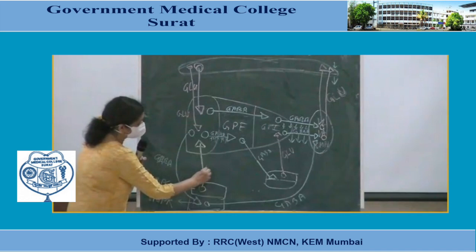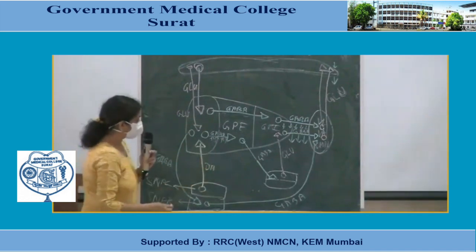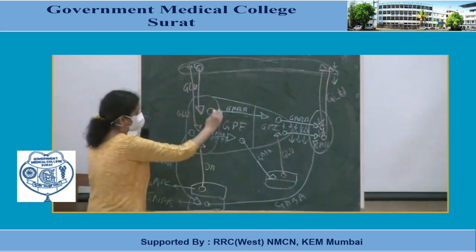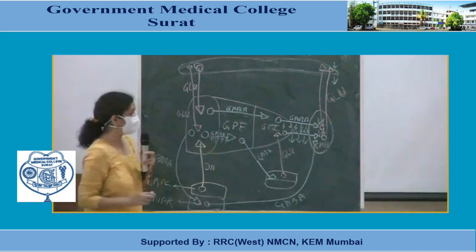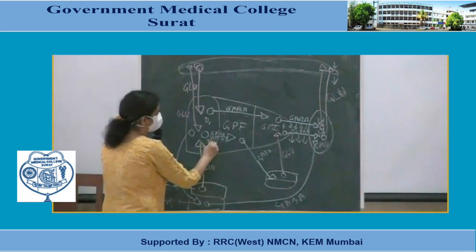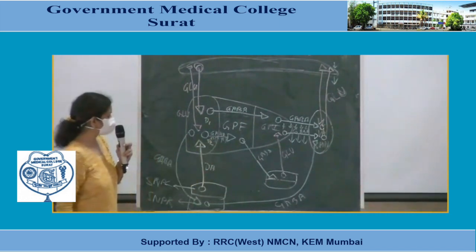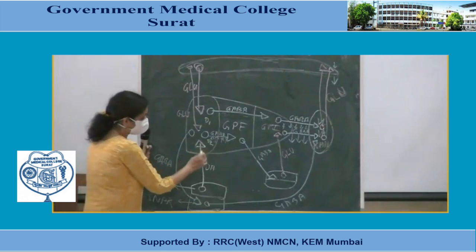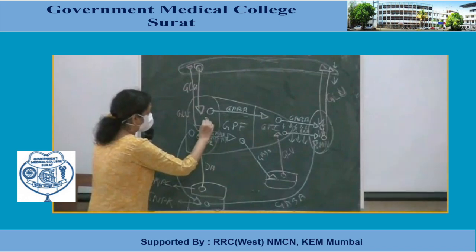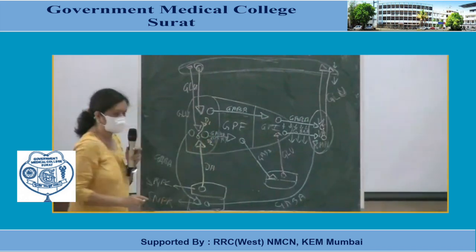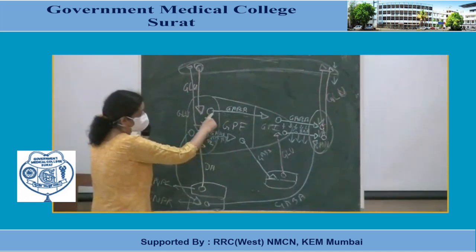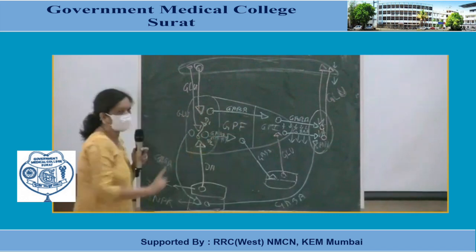Now, these fibers secrete dopamine. They are dopaminergic fibers. There are two types of receptors present in the striatum. One is the D1 receptor and another is the D2 receptor. Whenever dopamine terminates on D1 receptors, the D1 receptors are stimulatory to the direct pathway.